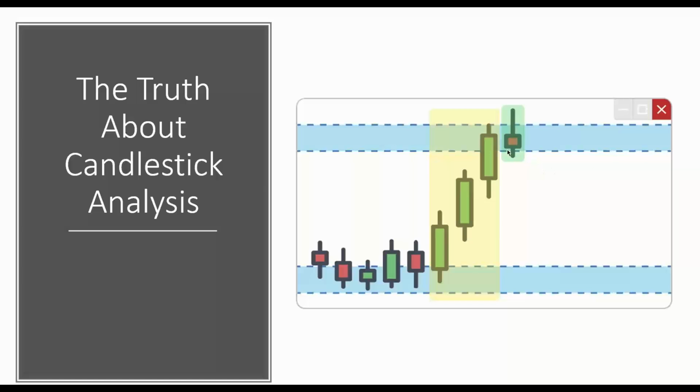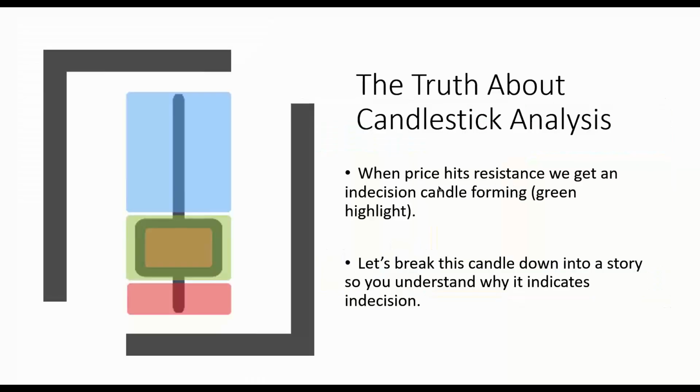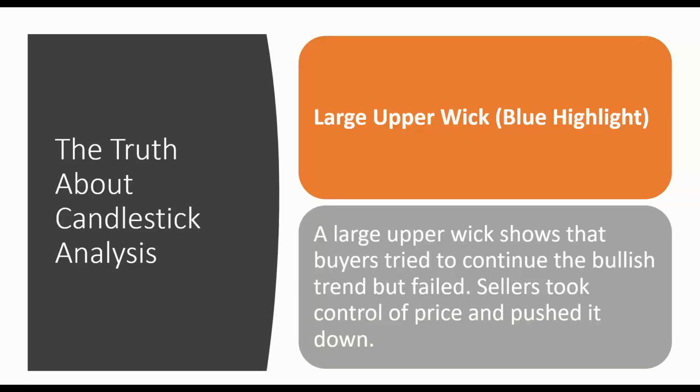When the market is moving up in a strong movement, this indecision candle forms, and it forms on that support or resistance zone. So when price hits resistance, we get an indecision candle forming. Let's break down that candle, or that story, so you understand why it indicates indecision.